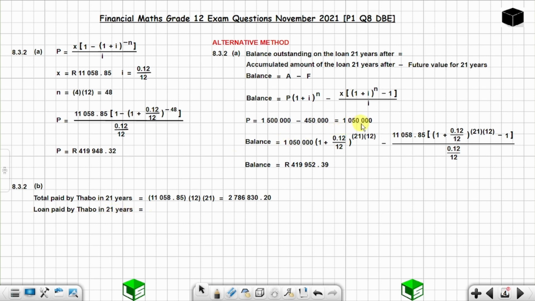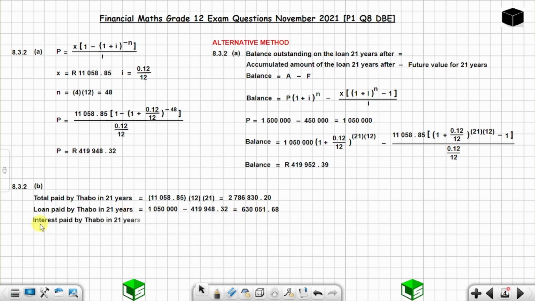This is for 25 years minus the one for 4 years. When you plug this into your calculator and subtract the two numbers, you're going to get this. So the loan paid by Thabo in 21 years is equal to this.